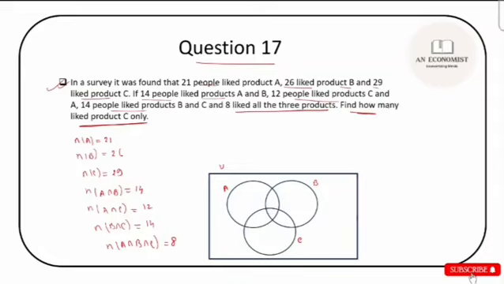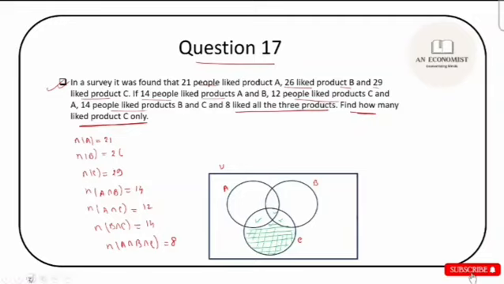In the Venn diagram, this particular region is the people who like only product C. If we subtract these parts from the entire NC, then we will get our required region, right? So we need to find what each of these values is.